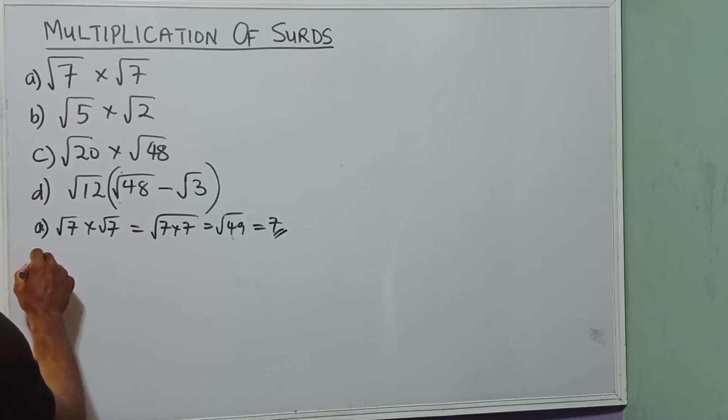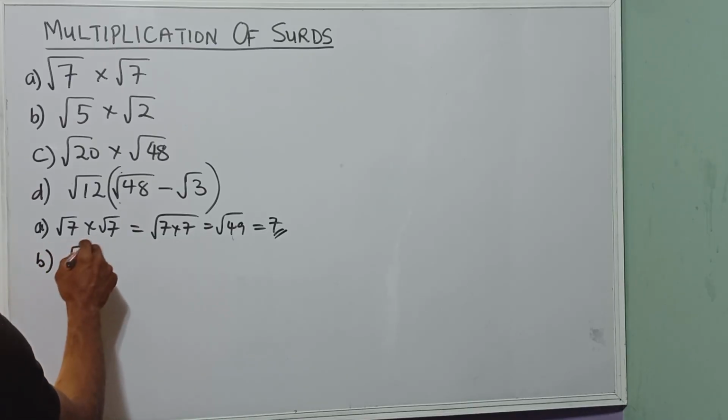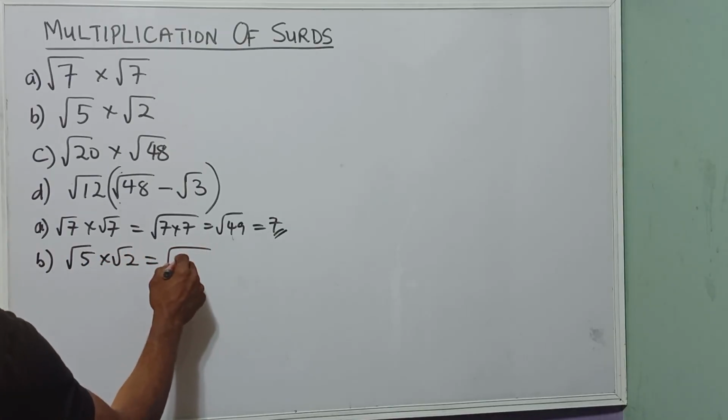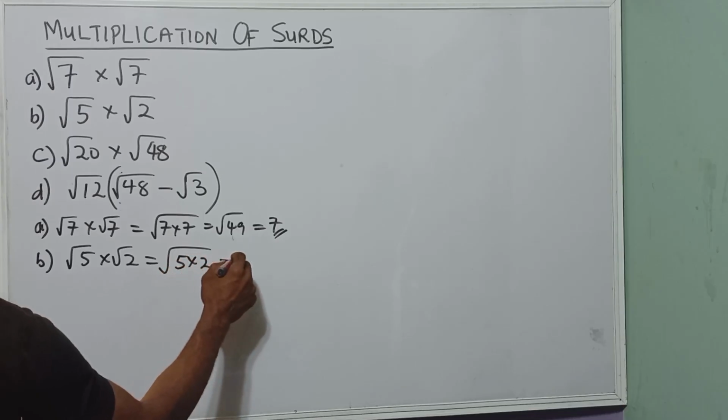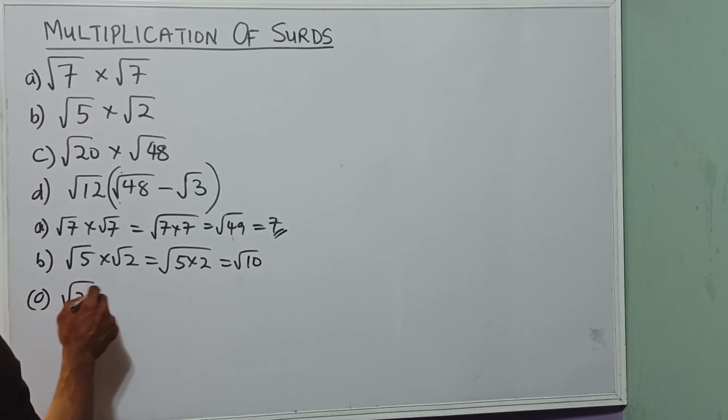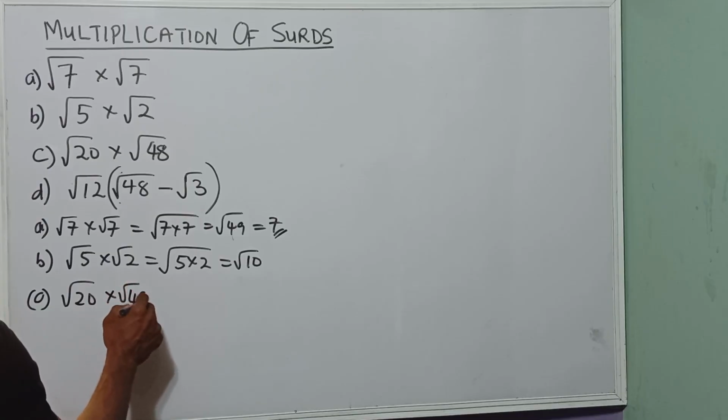For the B part, we have root 5 times root 2. Expanding it, we have 5 times 2, which gives us root 10. And C, we have root 20 times root 48.